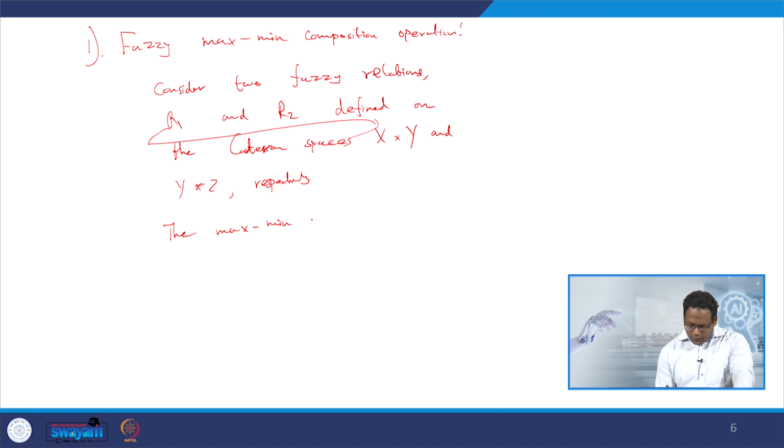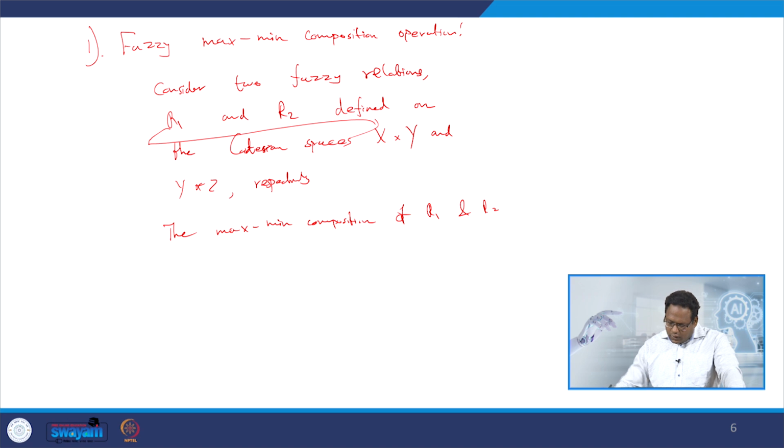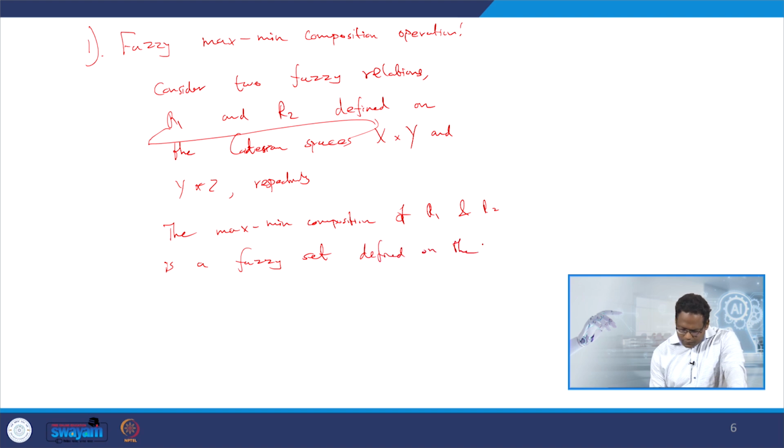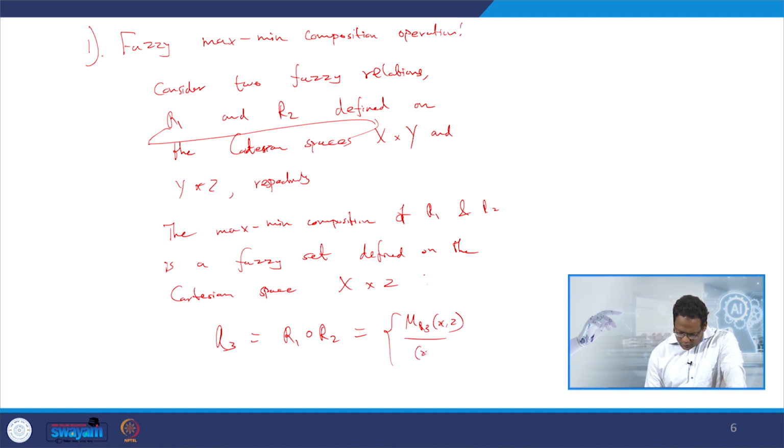Okay, so now the fuzzy max min composition of R1 and R2 is a fuzzy set defined on the Cartesian space x cross z as R3 equal to R1 composition R2, which is given by mu R3 of x comma z upon x comma z.